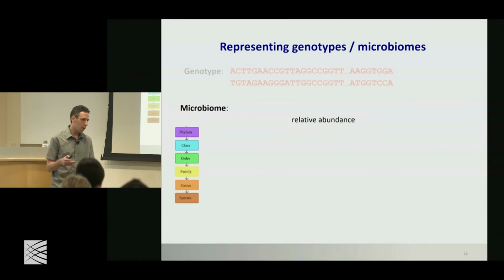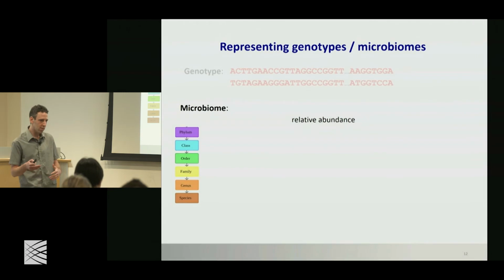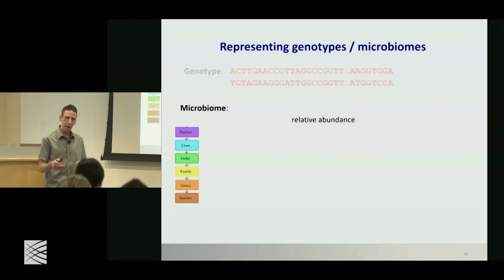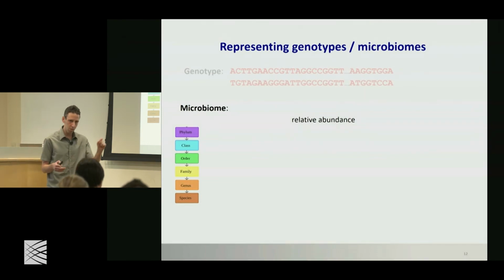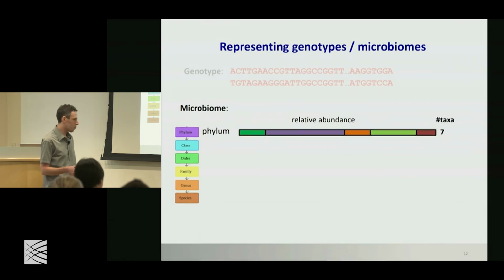So what we do is normalize all these reads. What we care about is only how abundant is one type of bacteria related to another type. So we don't care about the absolute counts, only the relative counts. So it's called relative abundance. But we can represent these relative abundances at different taxonomic levels. So the top taxonomic level is typically the phylum level.